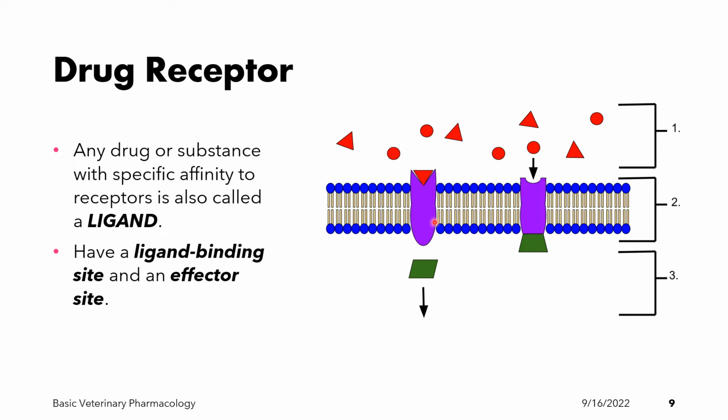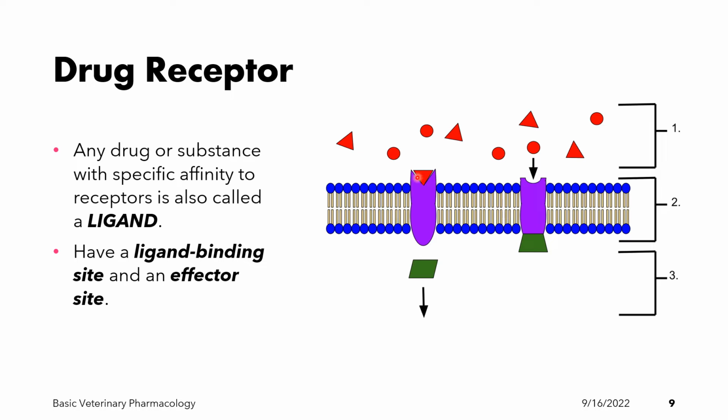This is an example of a ligand. The ligands are located outside the cell, and the specific ligand will bind to its receptor based on the complementary structures in its shape as well as its specific affinity.